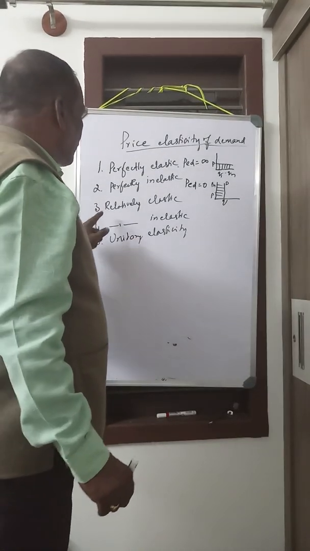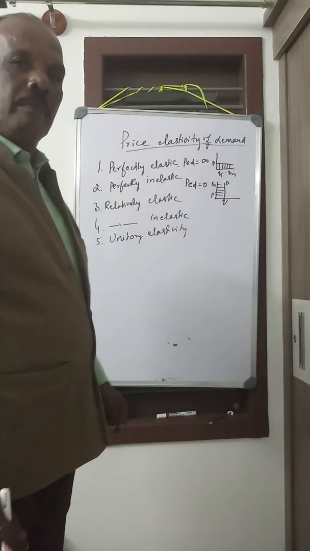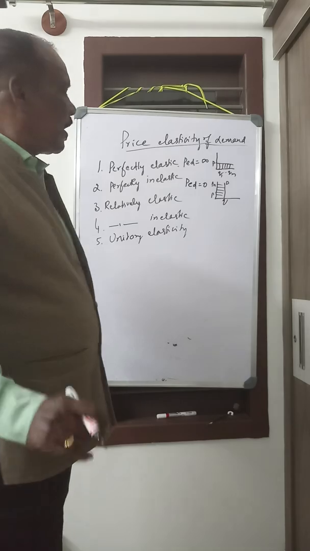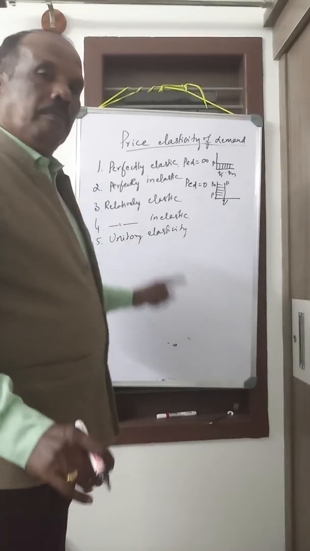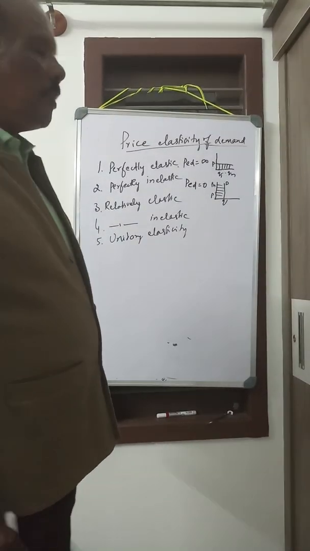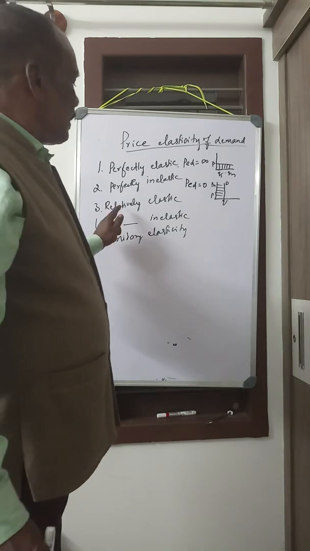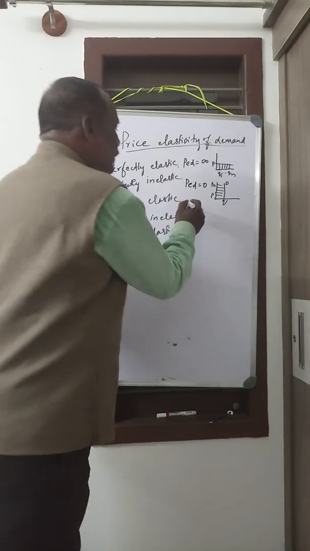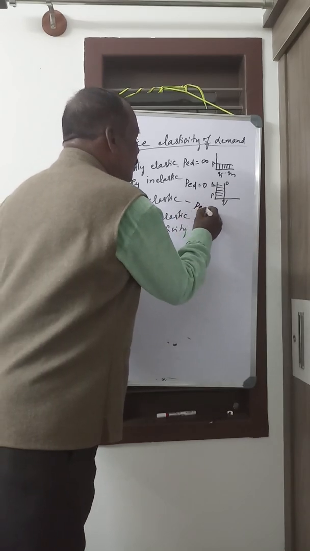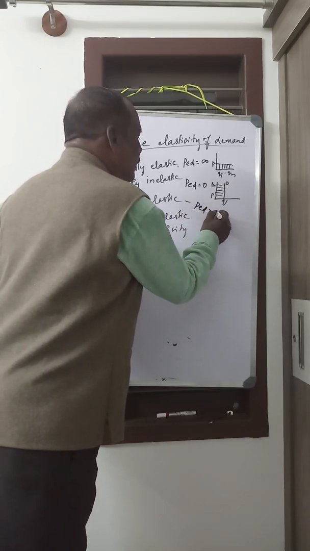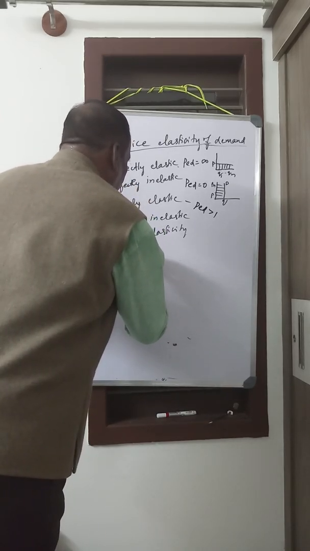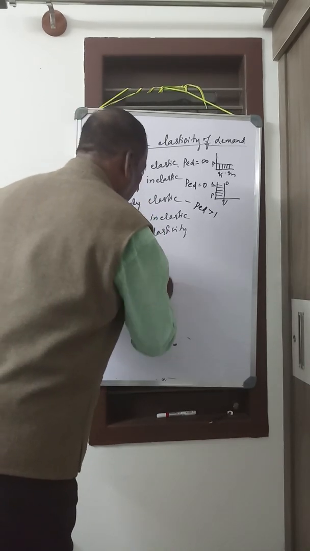Coming to this, relatively elasticity. A small change in price brings about a larger change in demand. That is called relatively elasticity of demand. In this case, PED is greater than 1. This can be shown in this diagram, that is 3, diagram 3.